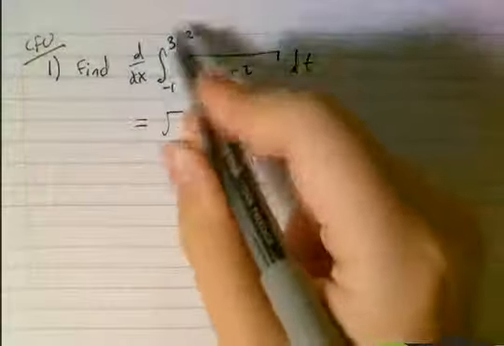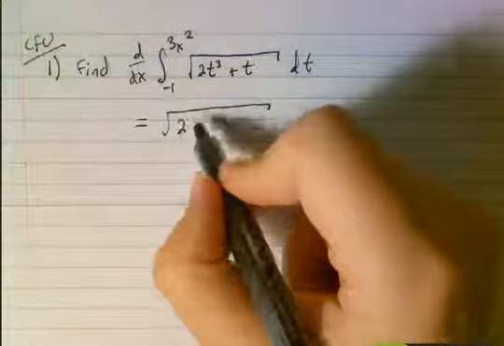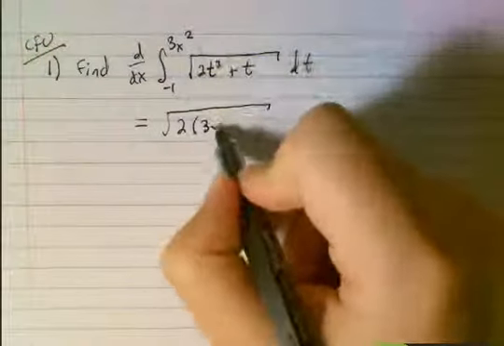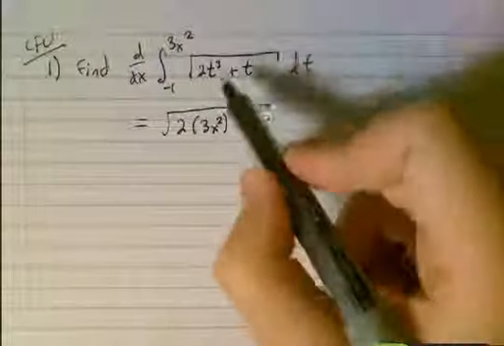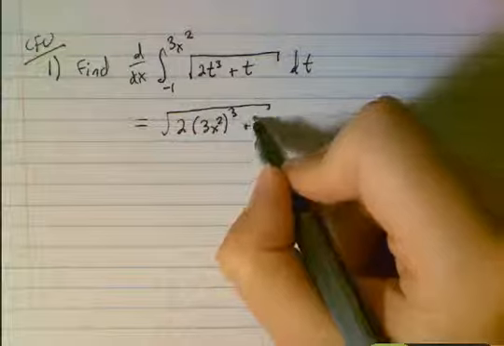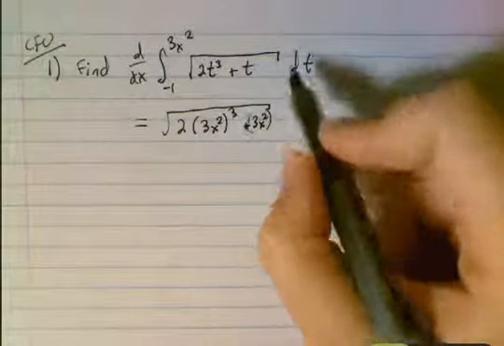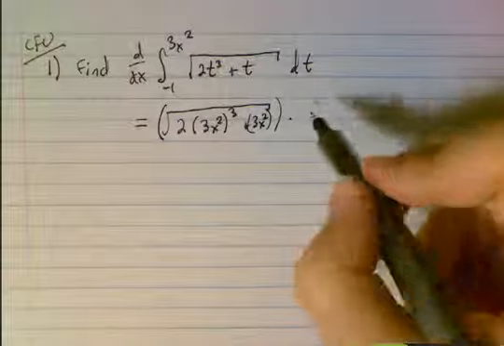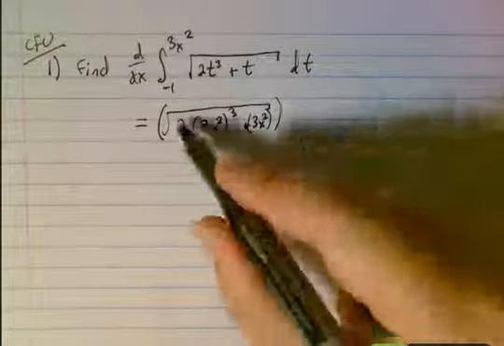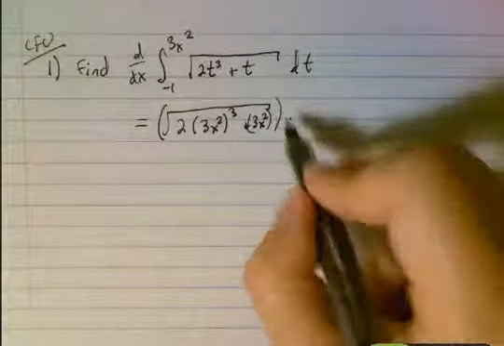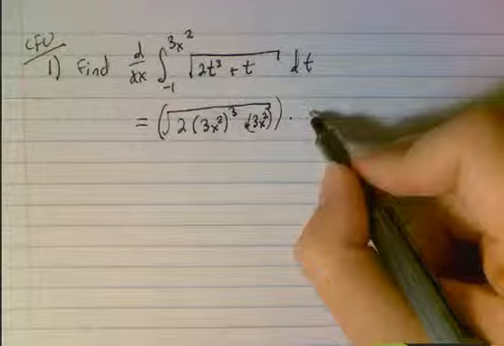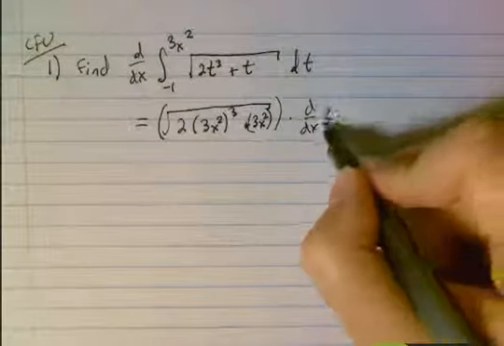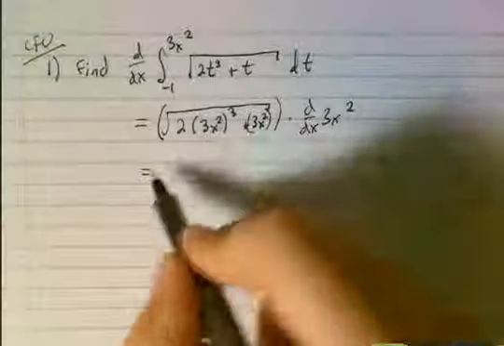Okay, so the way that we do this is to substitute our bound in, so that's 2. Substitute the 3x squared into both of the t's, and then multiply the whole thing. We put parentheses there for added clarity, but because this is all under the square root, it's in invisible parentheses already, times the derivative of 3x squared.